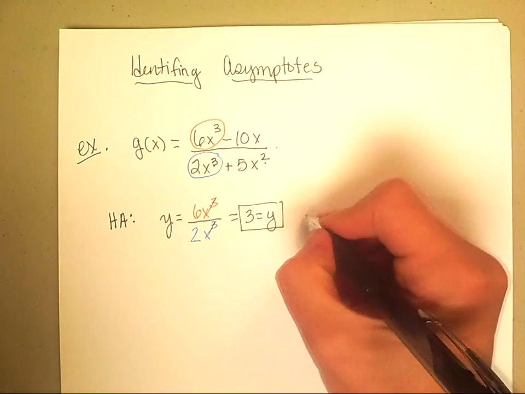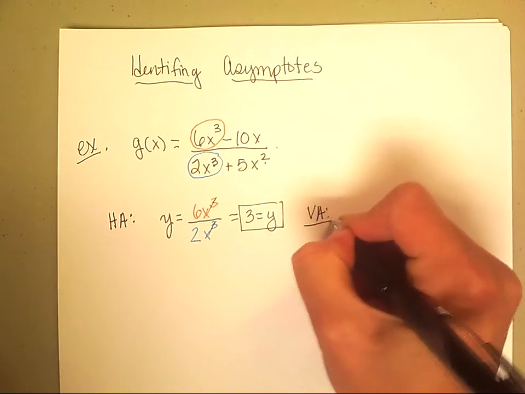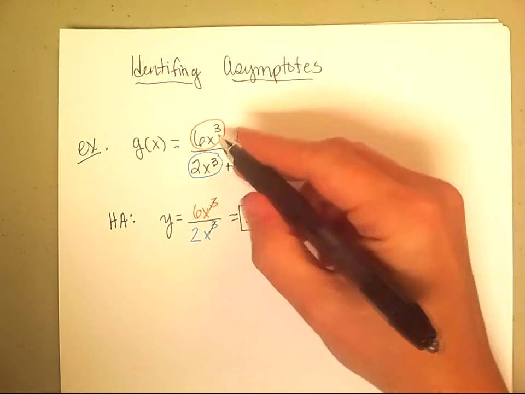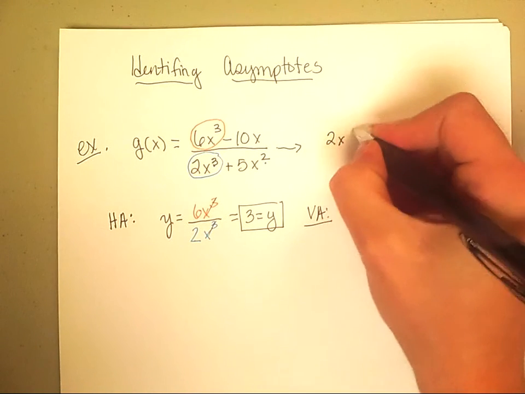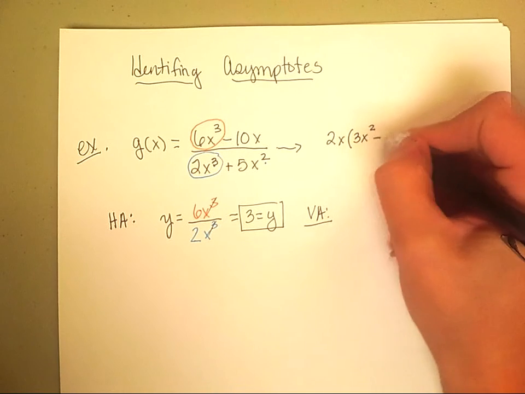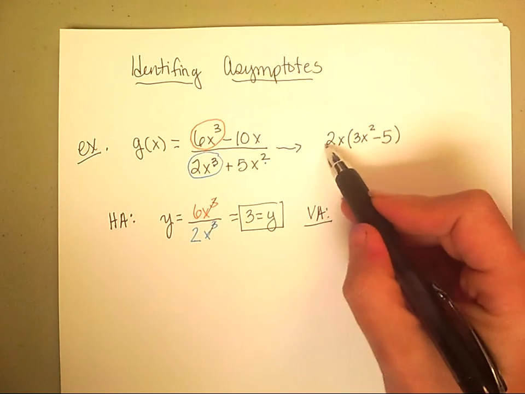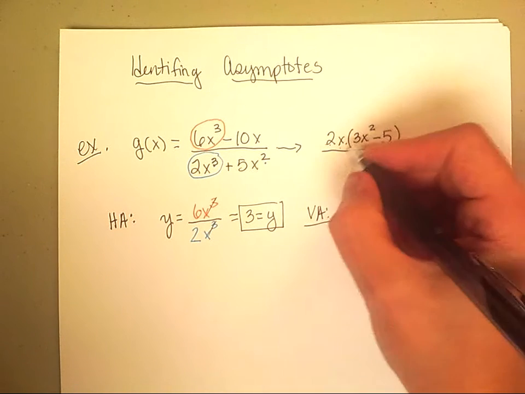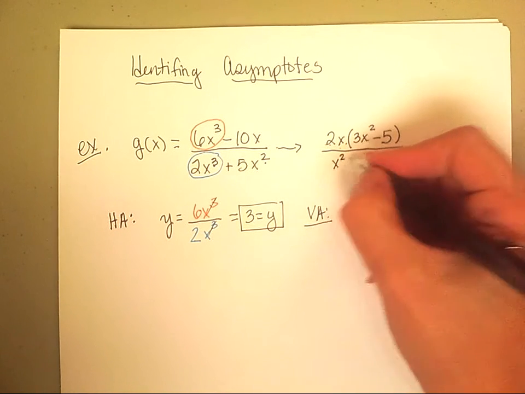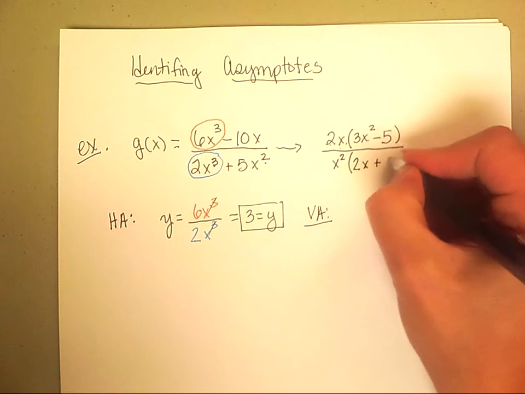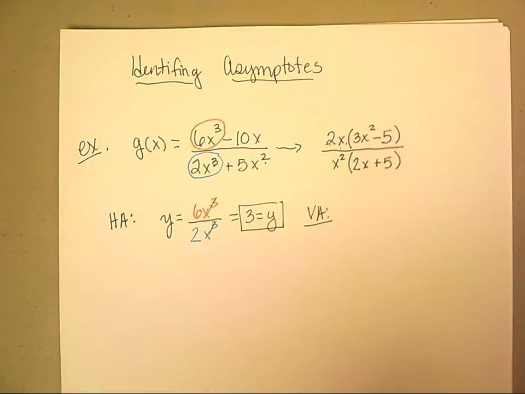Okay. Now we're going to ask about vertical asymptotes. So let's factor this to make sure it's in its lowest terms. So up top I can take out a 2 and an x, leaving behind 3x squared minus 5. And down below I can take out just an x squared, leaving behind 2x plus 5.